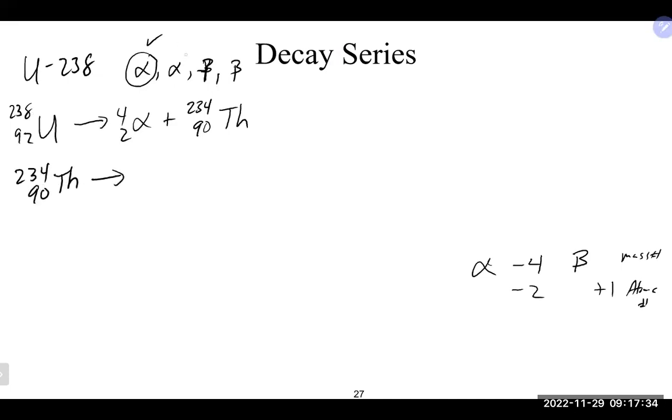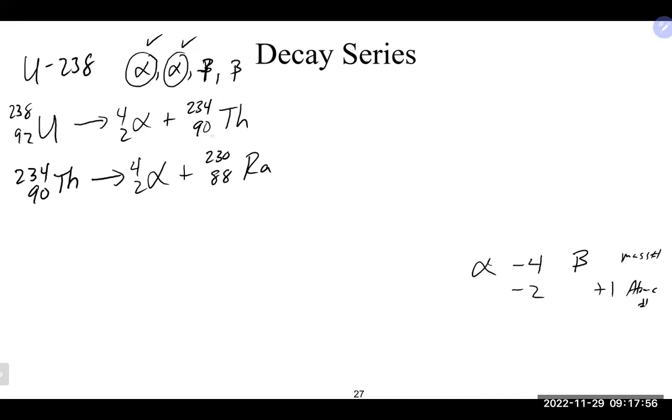And that guy would then go through an alpha decay process, which means it would give off an alpha particle, meaning in this case, we're now down to 88 and 230. And 88 on the periodic table there is Ra. That would be the second step in the process.